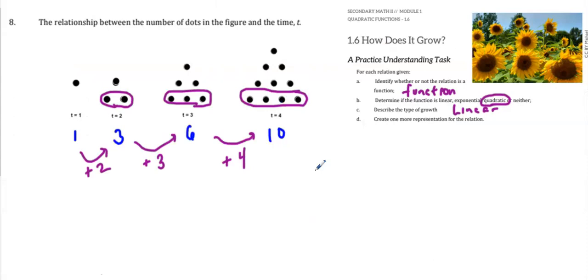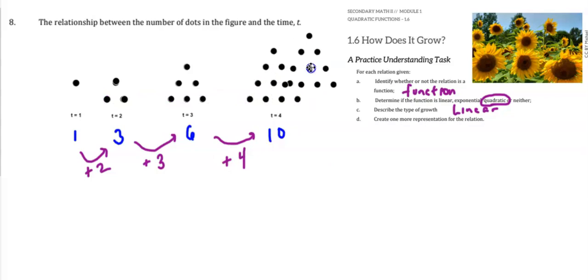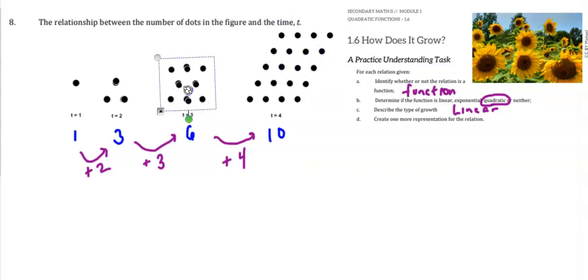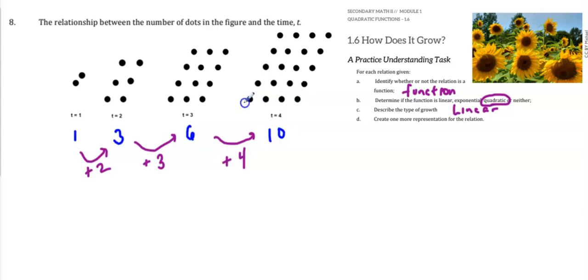If you wanted to create an explicit equation as your other representation, I'm going to use my strategy where I double the figure and then rotate it 180 degrees. Now to get the total number of dots, I have the same number of dots in the bottom row as I do for the value of t.